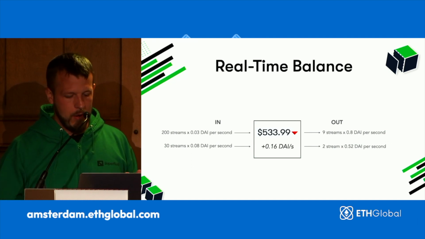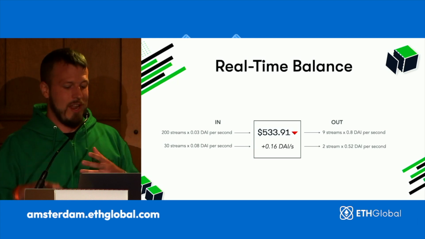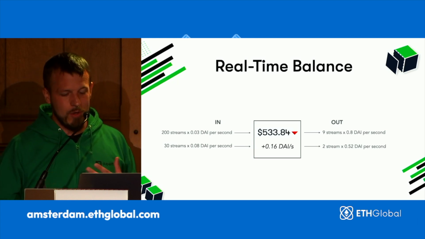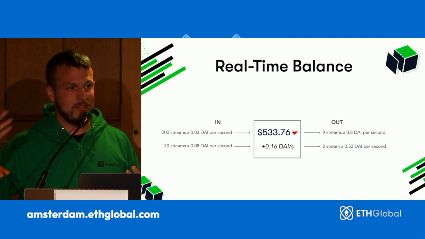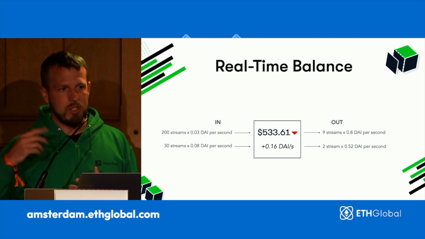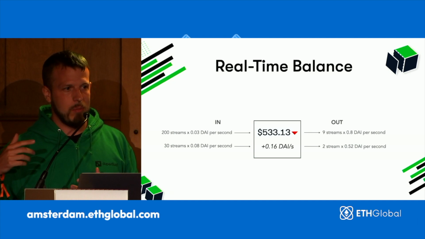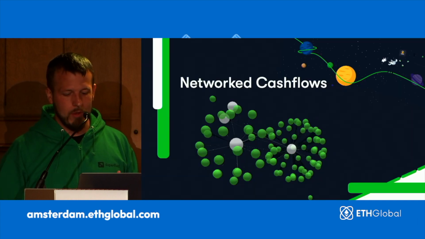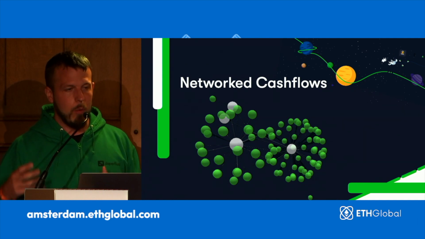Now, as an employee, you're then receiving this salary, and what you can do is go on and maybe invest it into an application. There's an app built on Superfluid called Ricochet, which allows you to DCA into assets by streaming money to it. So what that would look like is basically what we call network cash flows.